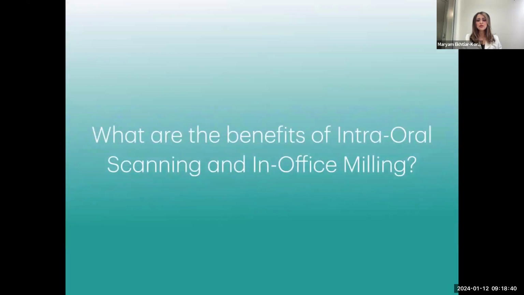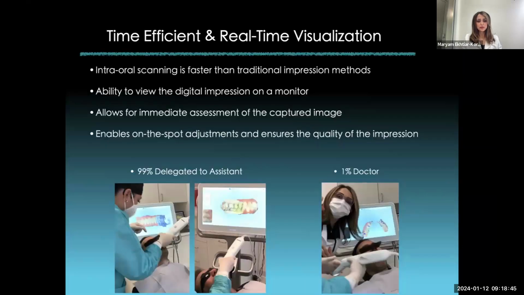So what are the benefits of intraoral scanning and in-office milling? Well, compared to traditional PVS impressions, the time it took me to take a traditional impression was anywhere from 3 minimum to 7 minutes.